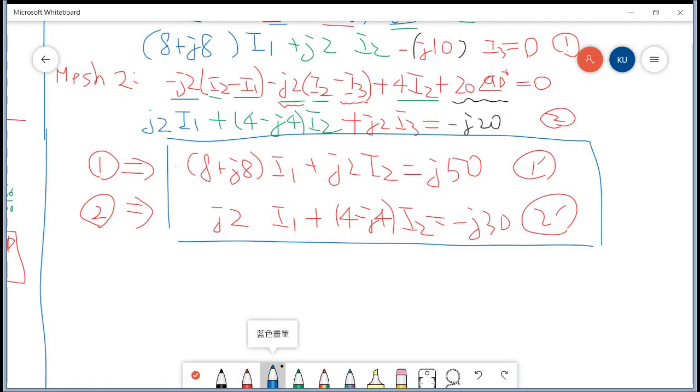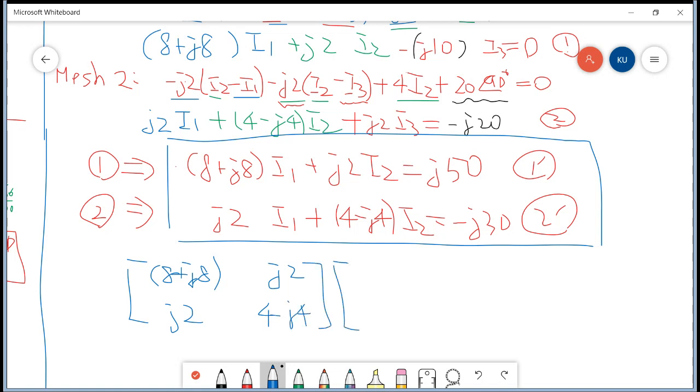Or you can actually rewrite it like this: 8 plus J8, J2, J2, 4 minus J4, times I1, I2 equals J50, minus J30. So you can use the method from high school to solve for this one.